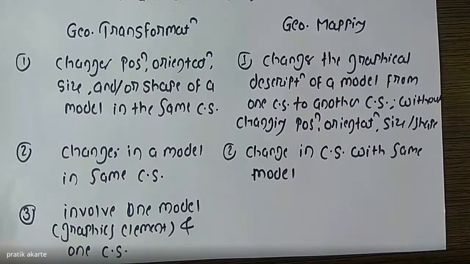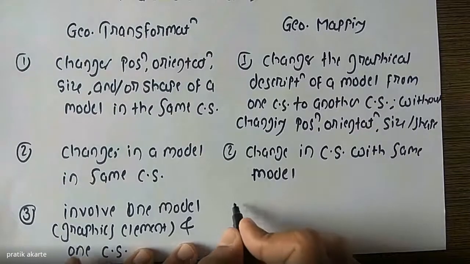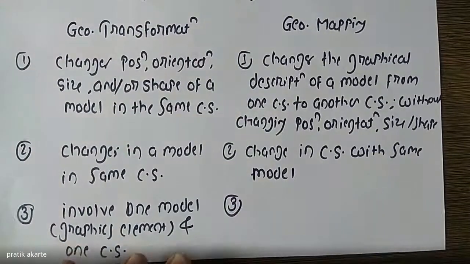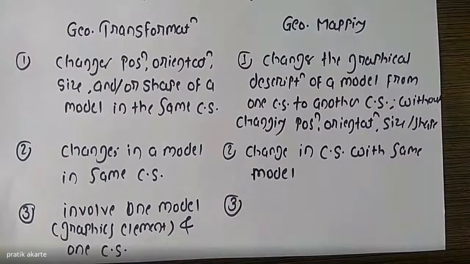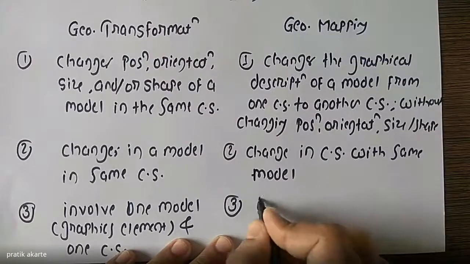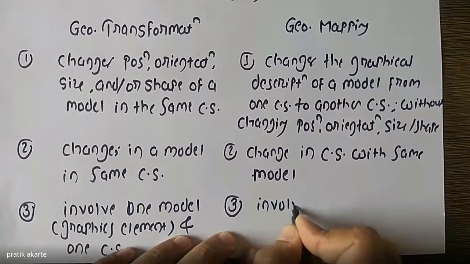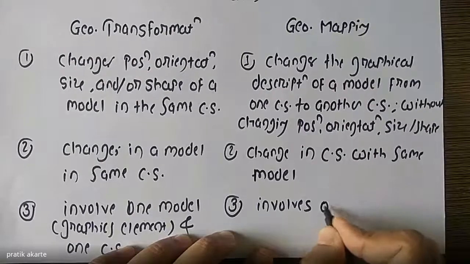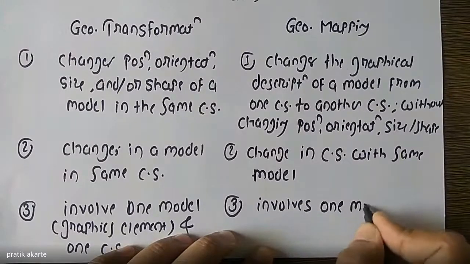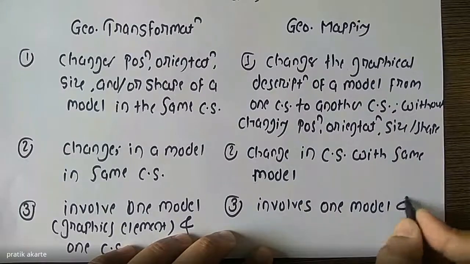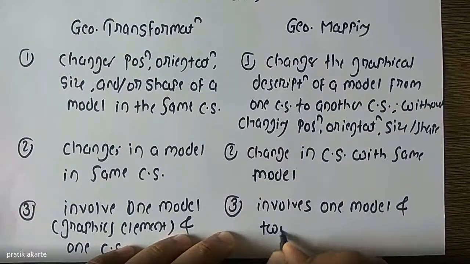So only one graphic element, and whatever transformation we are carrying out is in the same coordinate system. But geometric mapping involves one model or graphic element and two coordinate systems.